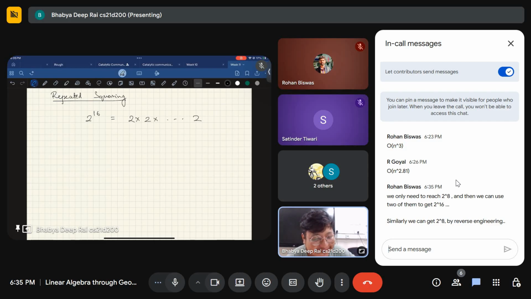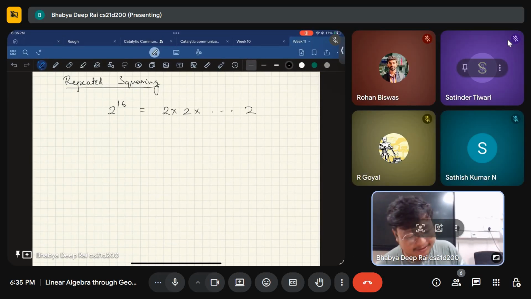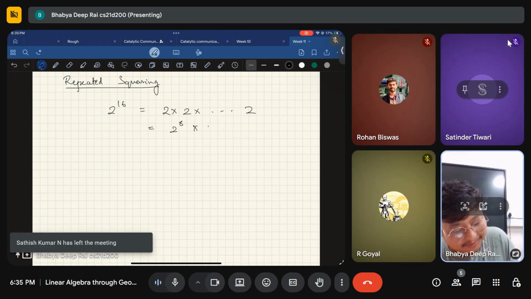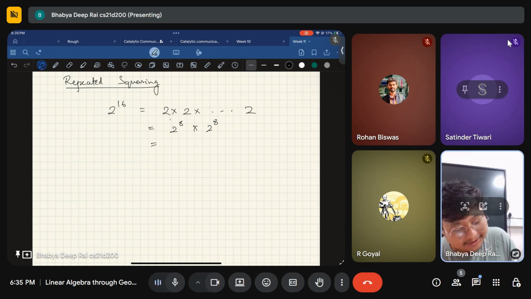We only need to reach 2 power 8 and then we can use two of them to get 2 to the 16. Yeah, exactly, that is exactly the idea. So you just need to do 2 to the 8 times 2 to the 8. This is nothing but 2 to the 8 squared.